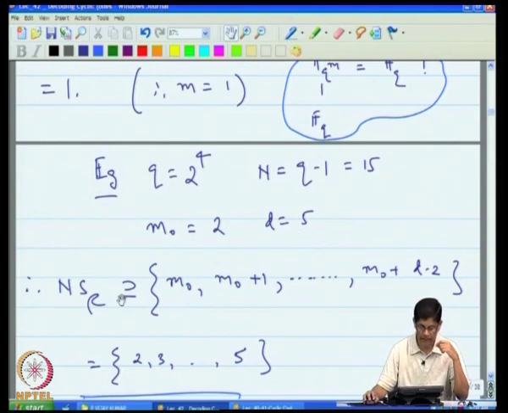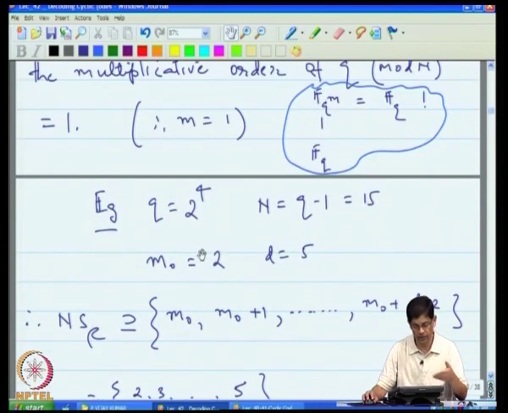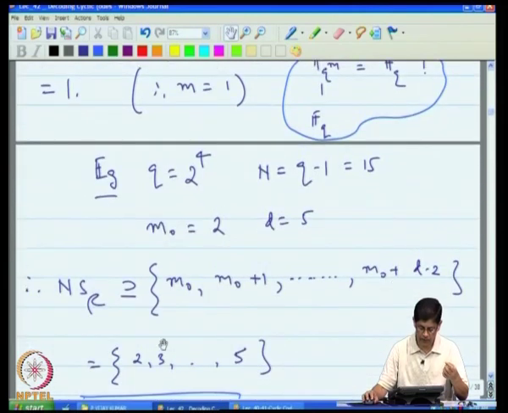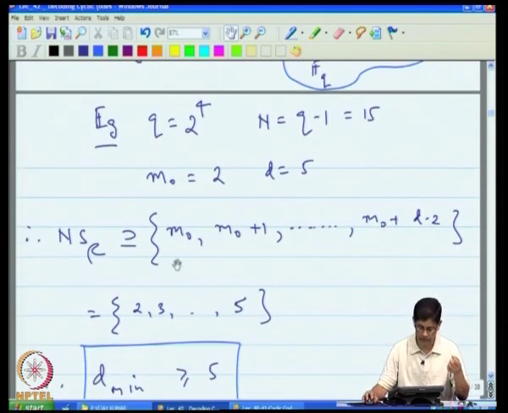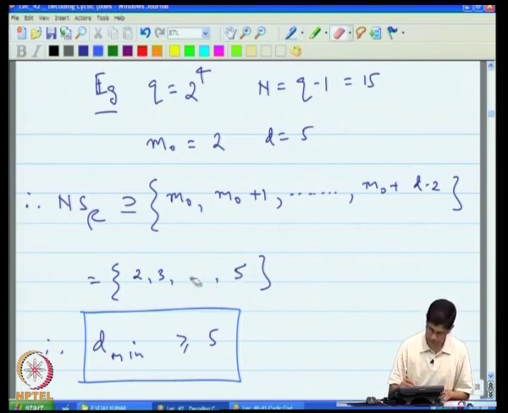So by this we are mandating that the Reed-Solomon code, because it satisfies these conditions, has a null spectrum mandated to contain m0, m0 plus 1 through m0 plus d minus 2, which in this case means that it must contain the consecutive string of frequencies 2, 3 up to m0 plus d minus 2, which is 2 plus 3, which is 5. So it contains 2, 3, 4, 5.